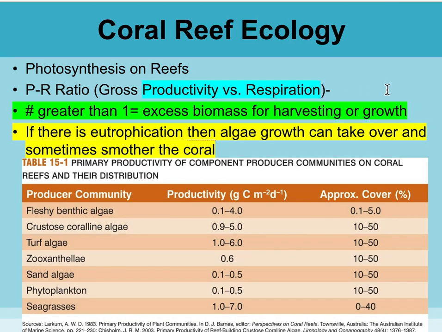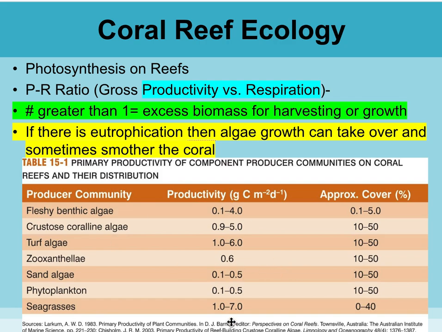So if you're looking for ecology and specifically productivity, like how productive nutrient-wise a certain area is, they have these different charts where you can read that and see how productive a certain organism is.